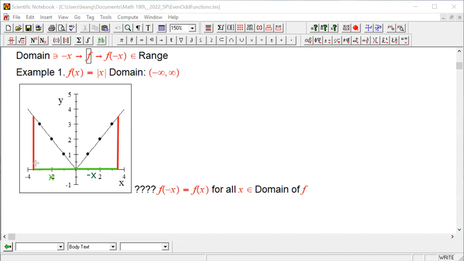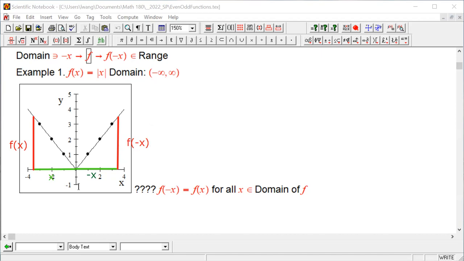Because the input is x, this red piece on this side is f of x. How about the other one? Because this piece is negative x, this piece is f of negative x.